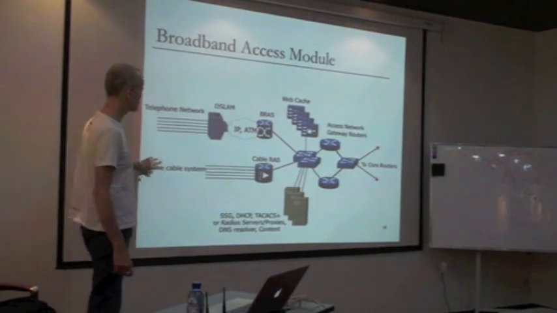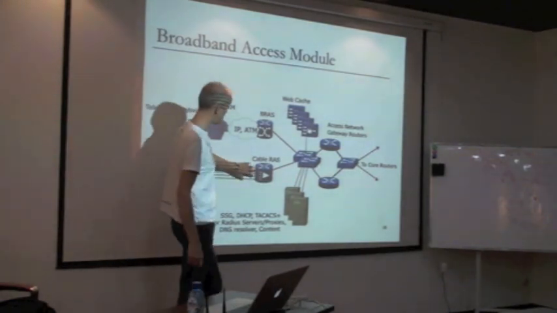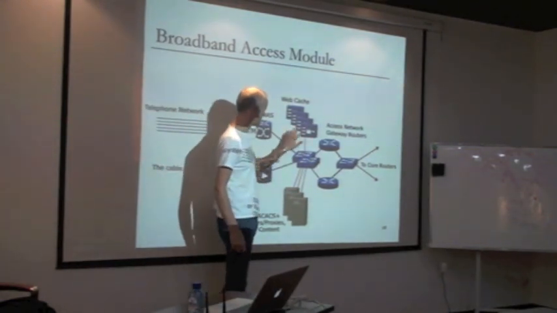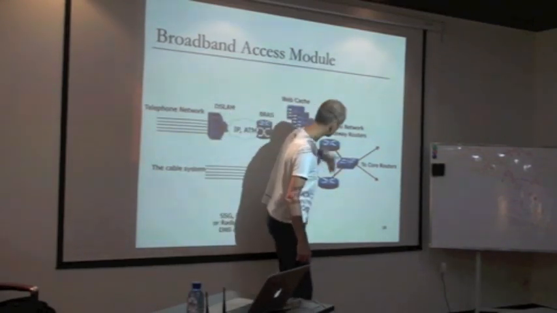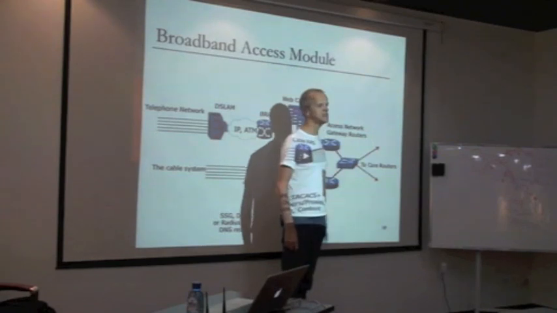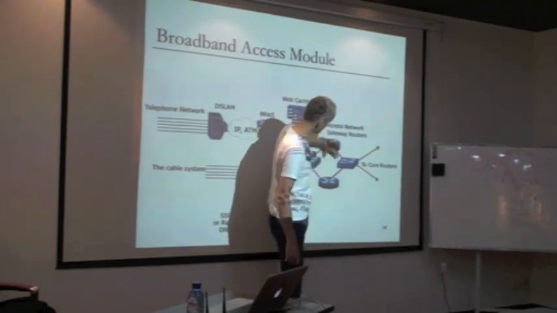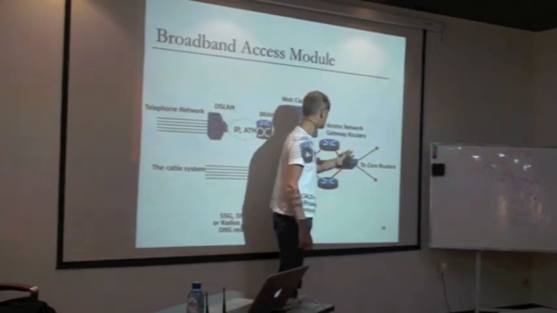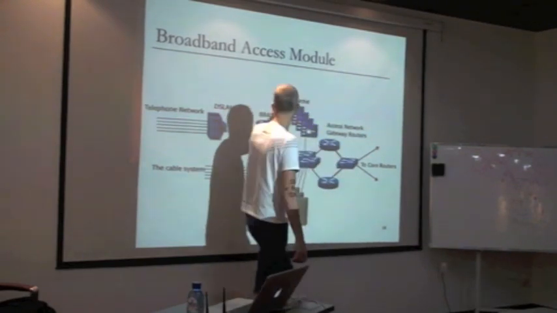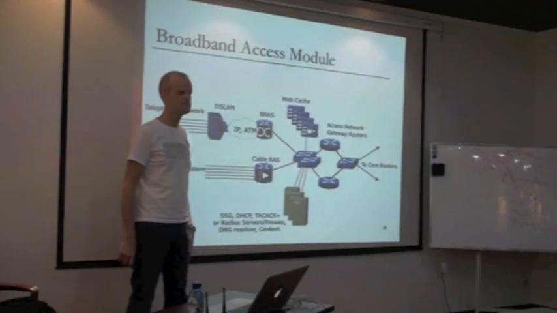Cable system, again, you've got the cable access server here, again connecting into this small part of the POP, and then you have the access routers there connecting you into the core. Some ISPs call this distribution layer. Right? You have the router sitting in here, controls the access between the backbone and the actual broadband module.